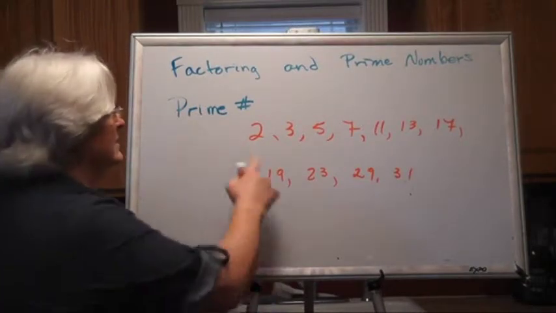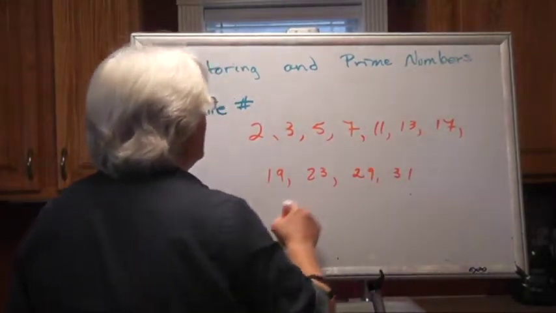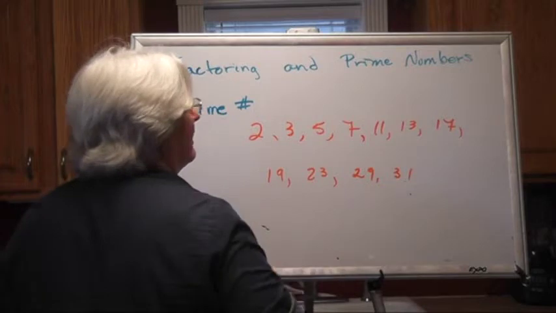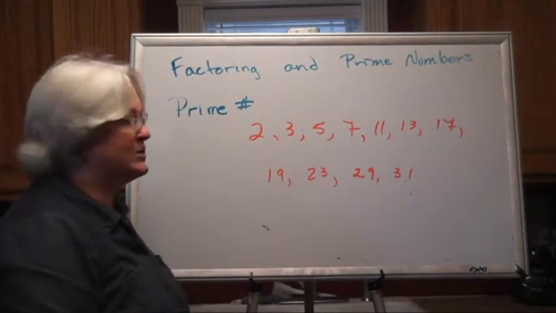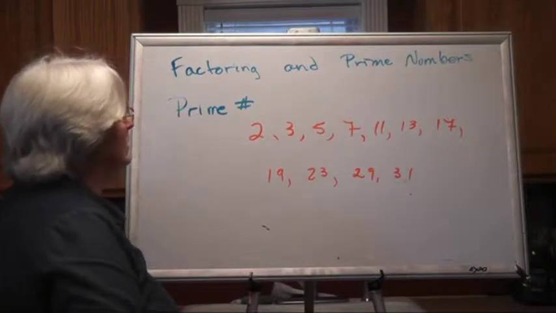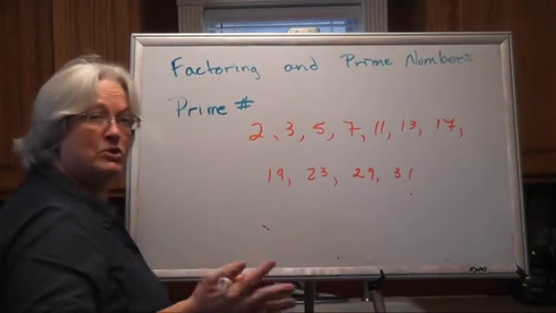Now let's see, 1, 2, 3, 4, 5, 6, 7, 8, 9, 10. And I just threw in 31 as 10 plus 1, so that you would learn these first prime numbers.